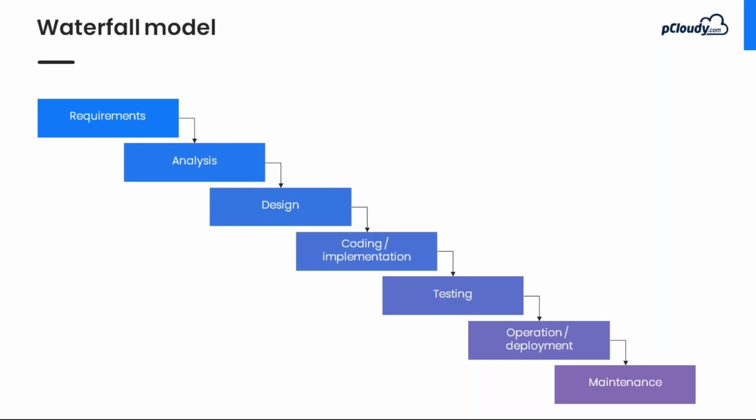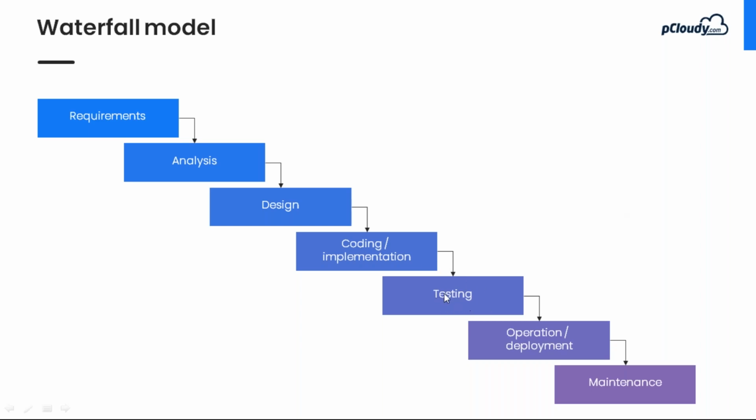That's how traditionally we do it. Each phase is designed for performing specific activities during the SDLC. When we are talking about design, we will be concentrating only on creating the design of the software. When we move to coding implementation, we will be simply writing the code. We are implementing the code, and once that is done, we come and do the testing.